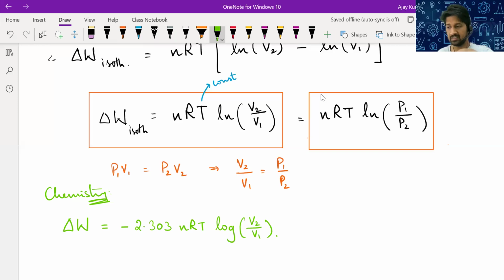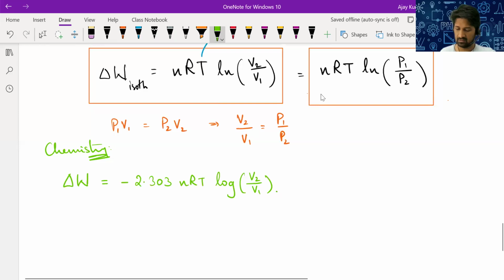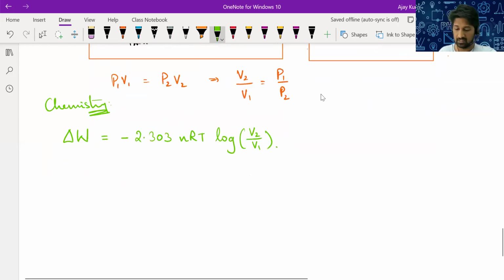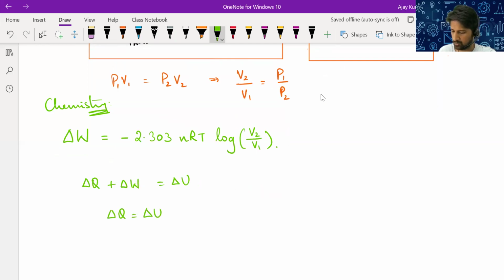In fact, the first law of thermodynamics itself is written differently in chemistry. We are using delta Q is delta U plus delta W. In chemistry, they write it as delta Q plus delta W is equal to delta U. That means they write it as delta Q is equal to delta U minus delta W. In physics, we have a plus here. In chemistry, they have a minus here. Why?